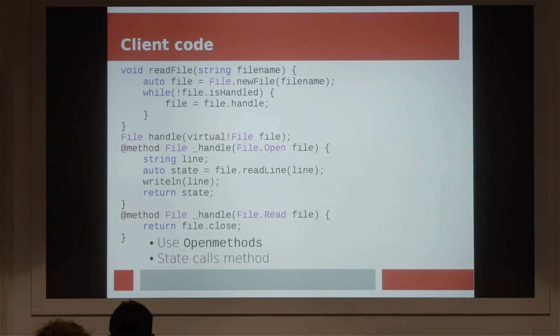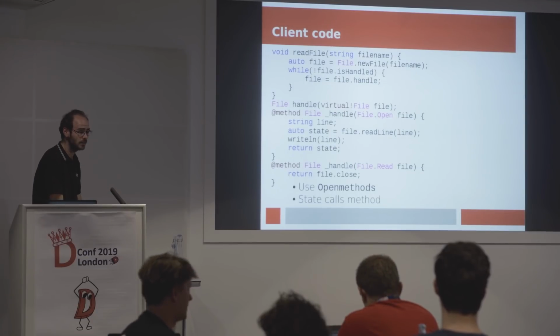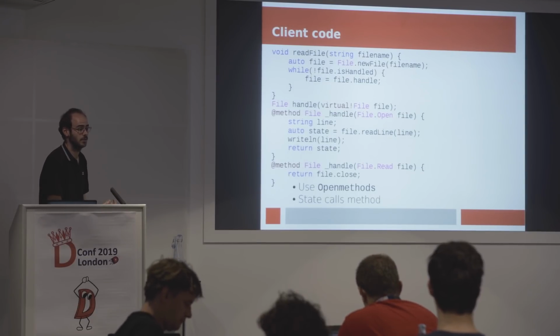What this code actually does, we define a virtual method handle on a file. Then with some mix-in magic, we actually call, for example, the open file handle method. It then returns a new, potentially new instance of file, which represents the state the object is in.